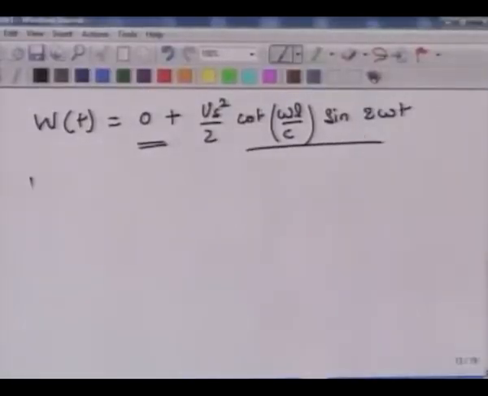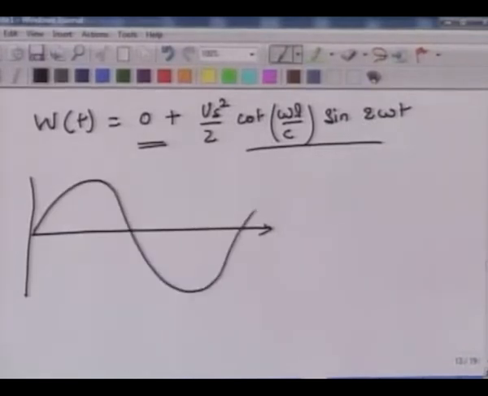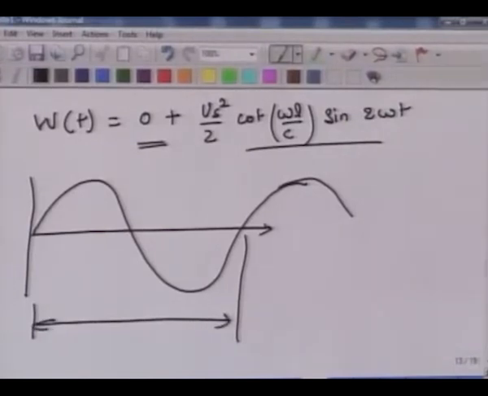So my plot for the power would be something like this, where this is time. So this distance will correspond to twice the excitation frequency.